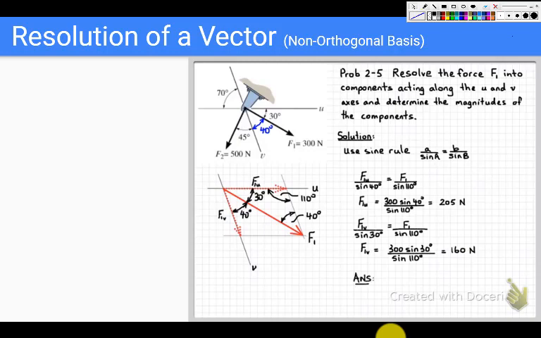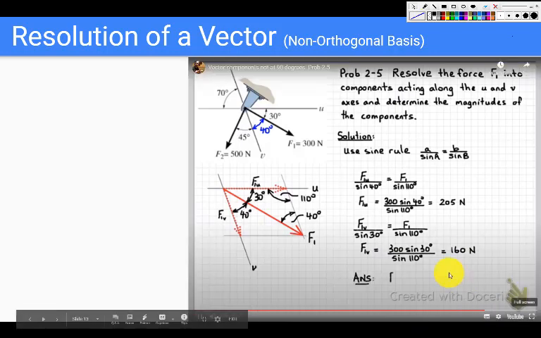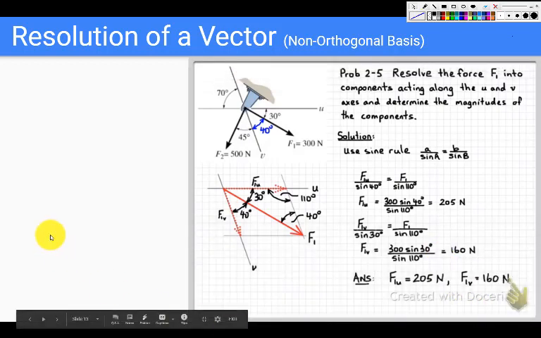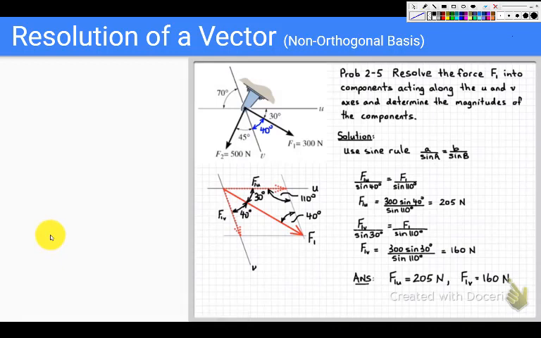So now let's summarize our answers and write at the end that our final answers are: the component of F1 in the u direction is 205 newtons, and the component of F1 in the v direction is 160 newtons.